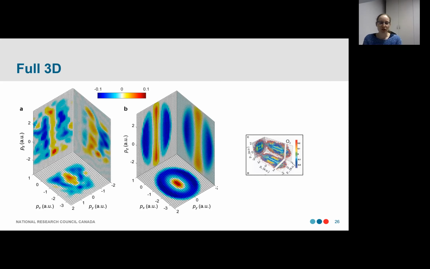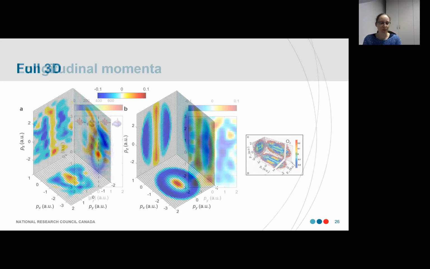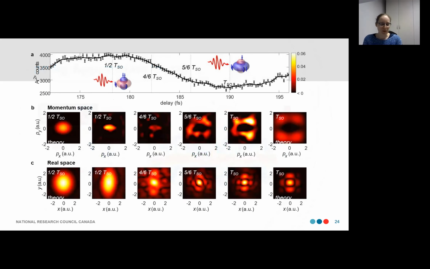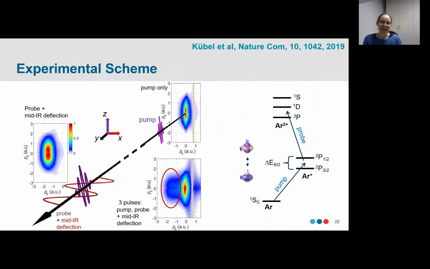One thing that I was wondering about when I was looking at your explanation of the streaked or shifted data, it reminded me of, I did a theoretical PhD in an experimental group.